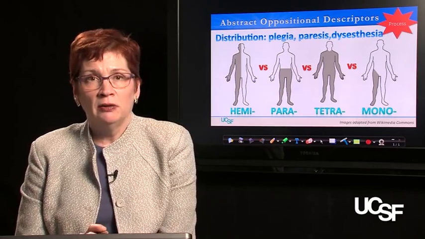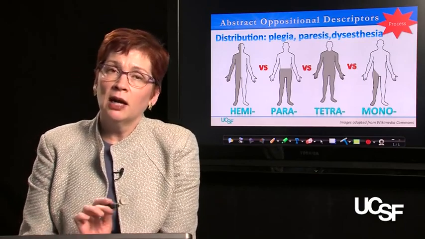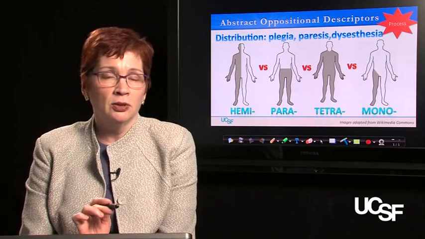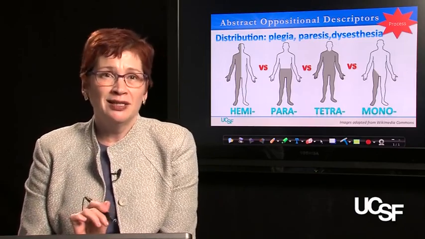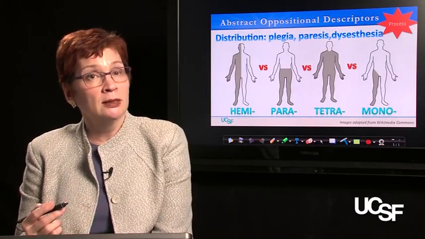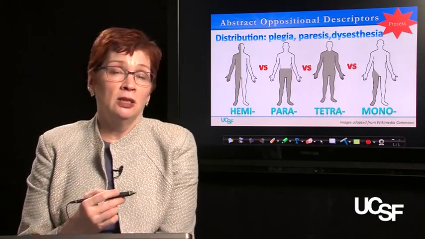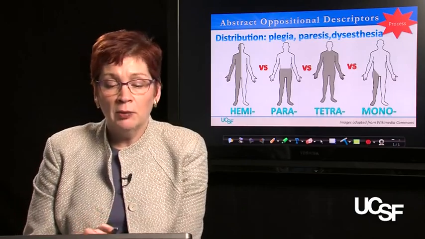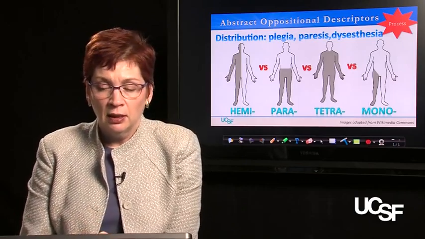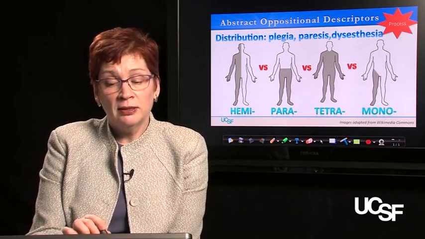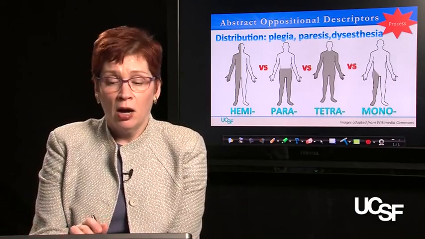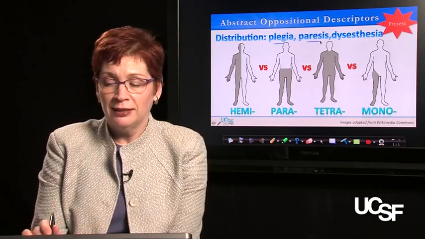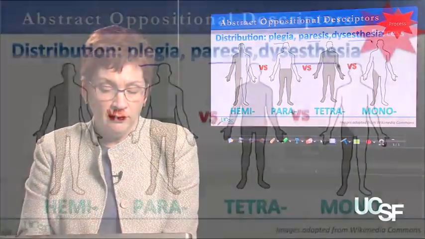There's also distributive processing. So we talked about time-based processing, acute, hyperacute, chronic, qualitative processing for neurologic symptoms, paresis, plegia, paresthesia, dysesthesia. And now we're going to talk about distributive processing. Distributive processing says where in the body are these processed qualitative descriptors occurring.